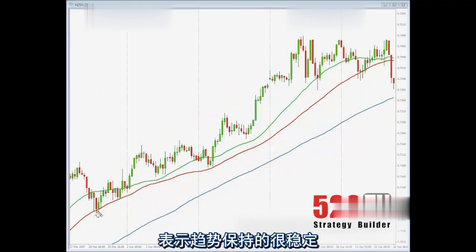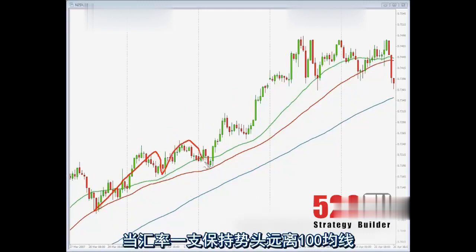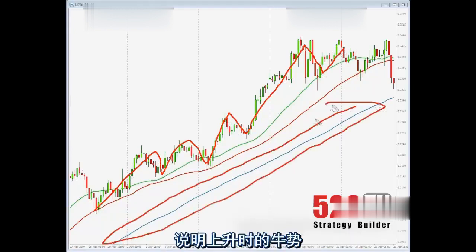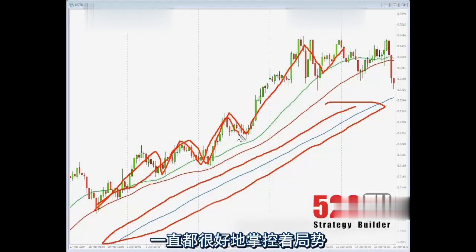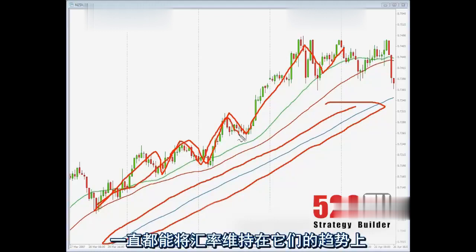When price carries momentum enough to keep pushing itself away from the 100, it signifies that the bulls, in this case, if we're in an uptrend, or the bears, if we were in a downtrend, still have control of the situation. They are still the bad boys on the block. They keep pushing price in their direction.